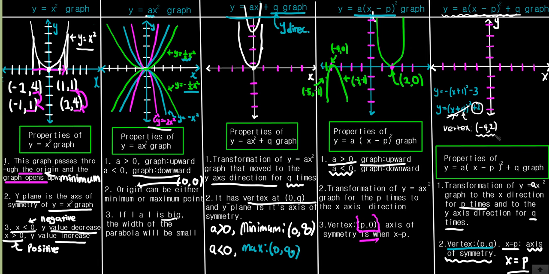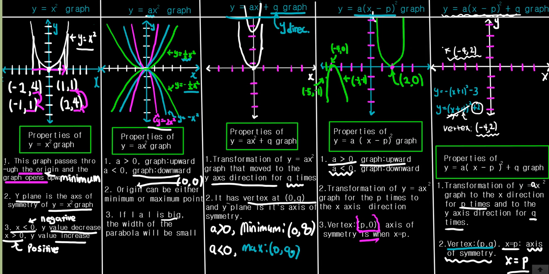So negative 4 comma 2 is going to be the vertex of our function according to the vertex form property. If you graph negative 4 comma 2, it is going to be right over here, and this is our minimum point.